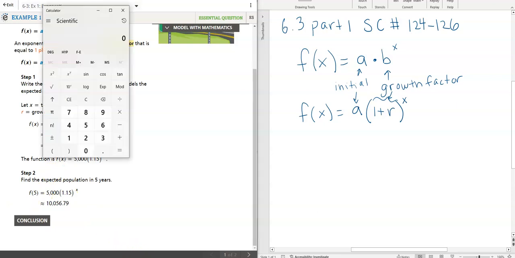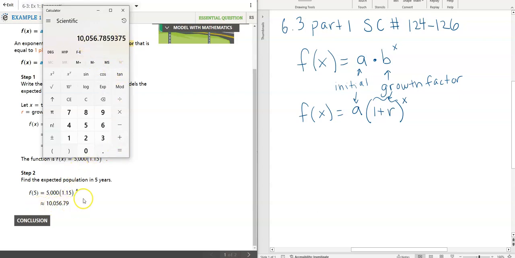Now I can solve this by using a scientific calculator. I am going to do order of operations, which says my exponents come first. So I'm going to do 1.15 to the power of 5 years, 5, first. And then I'm going to take that answer and times it by 5,000. And you'll see here is my answer. That is the same here.